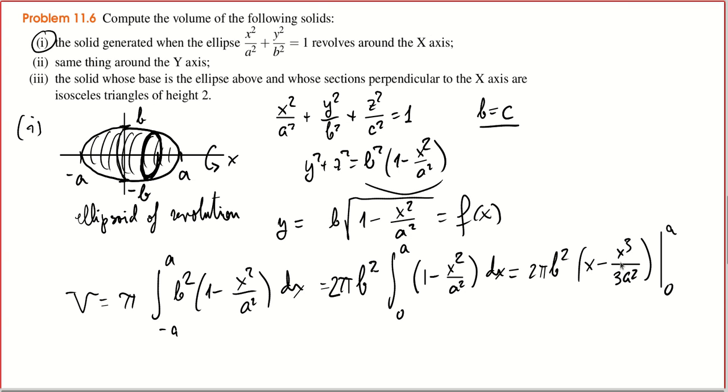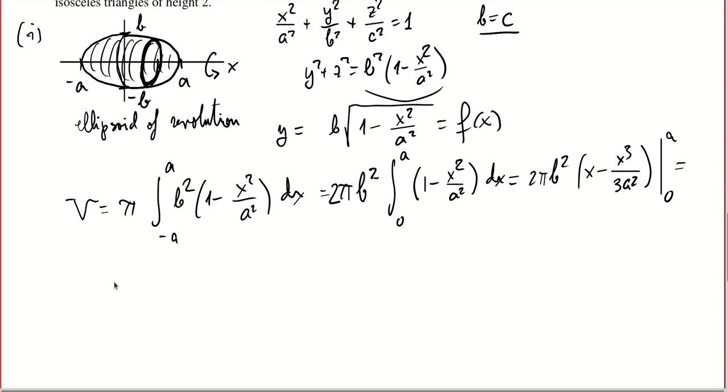Okay, for 0 this function is 0, so we have to substitute by a, and by a we have 2 pi b squared, and we have a, and then we have a cubed over 3a squared. We can cancel the cube with the a squared here, and then we have a third, and here we have a, so that's 2/3 of a, so the formula is 4 pi divided by 3 b squared times a.